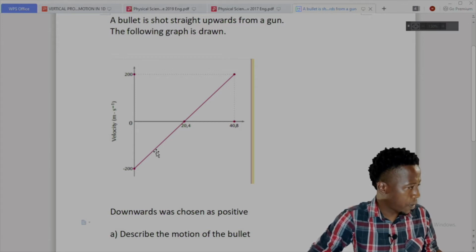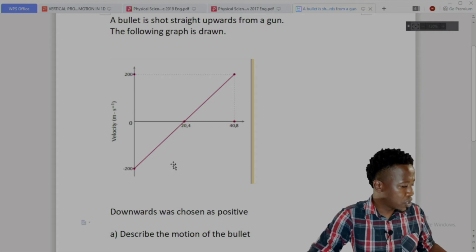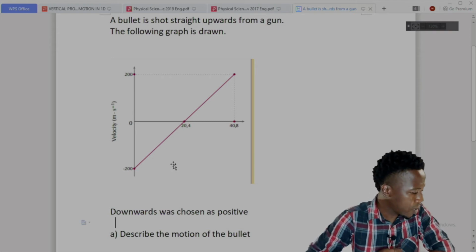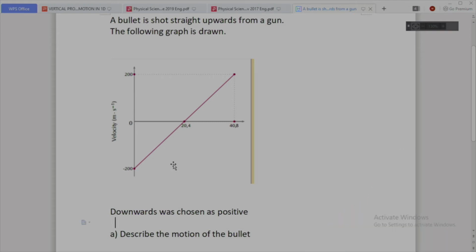Now if you try to describe the motion of the bullet, you would essentially say the bullet moves at a decreasing velocity, right? At a decreasing velocity upwards for how long? For 20.4 seconds, right? So it goes straight up, and then as it goes up, it keeps on decreasing its velocity, right?